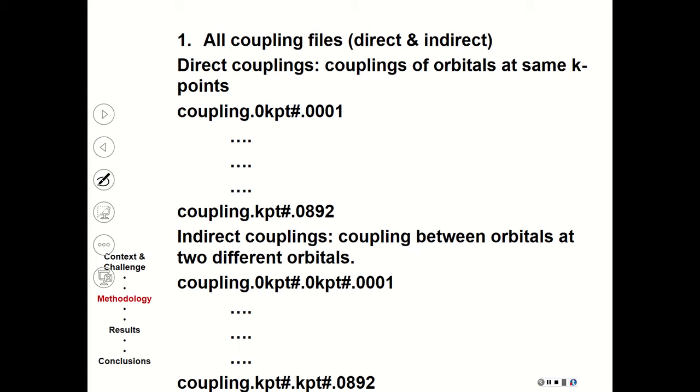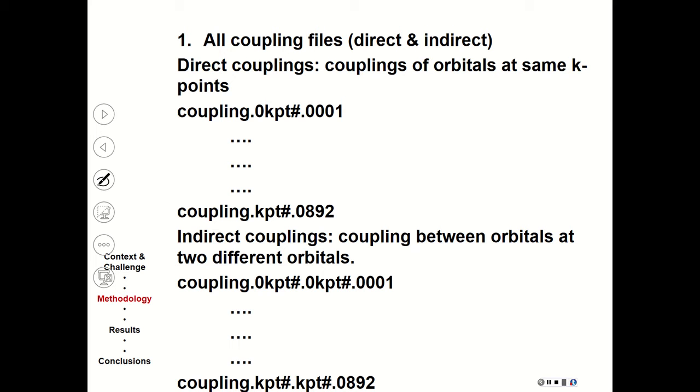So for K point 1 to K point 1, 892 files. And for K point 1 to K point 2, 892 files. So there will be a couple of thousand files.